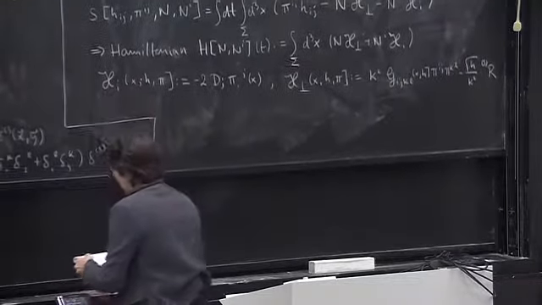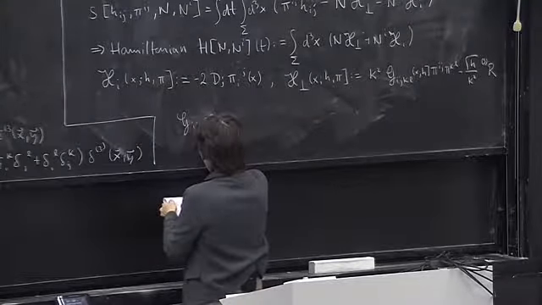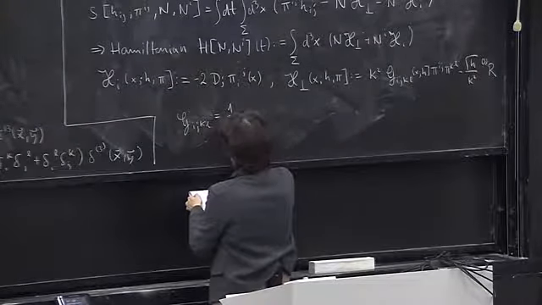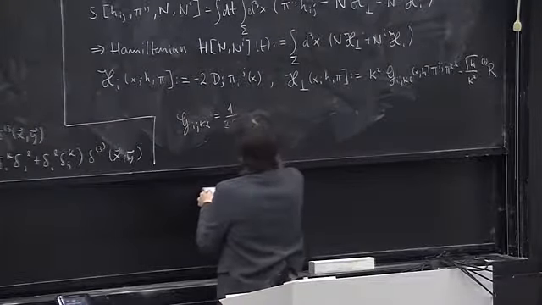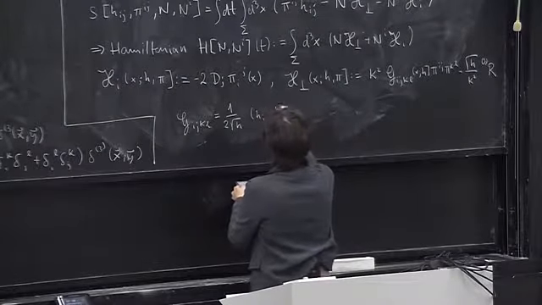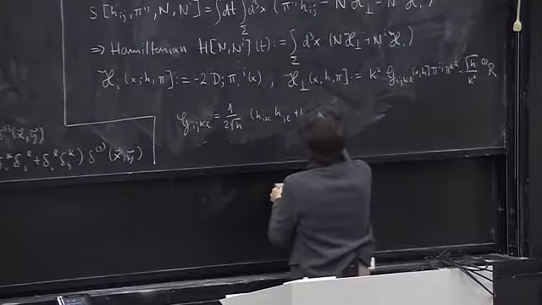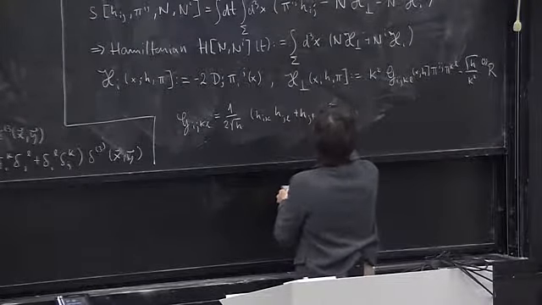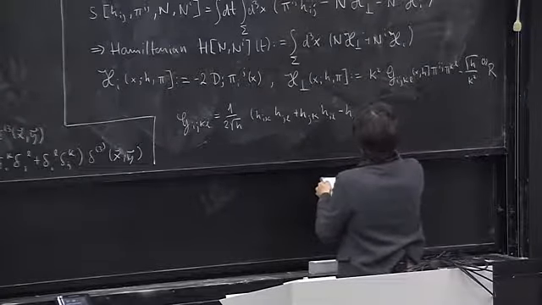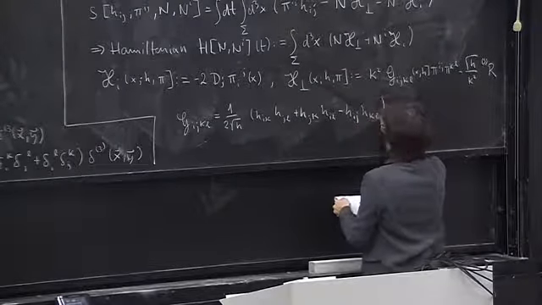Where this G_ijkl is the following function of the three metric: 1/(2√h) (h_ik h_jl + h_jk h_il − h_ij h_kl).